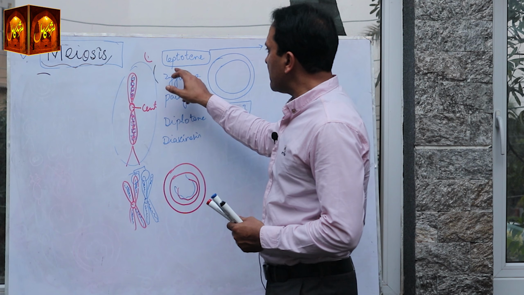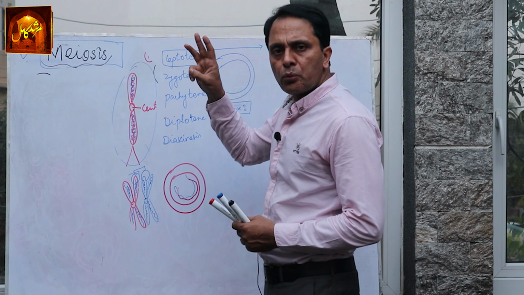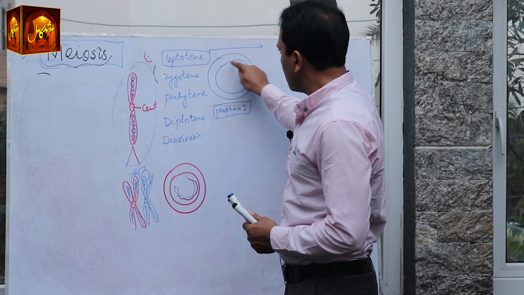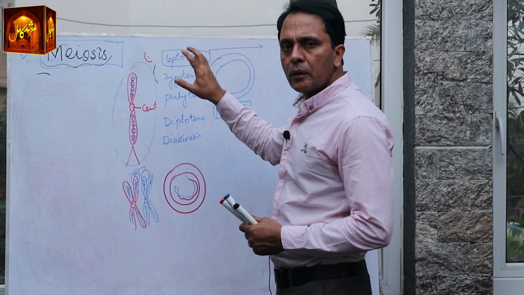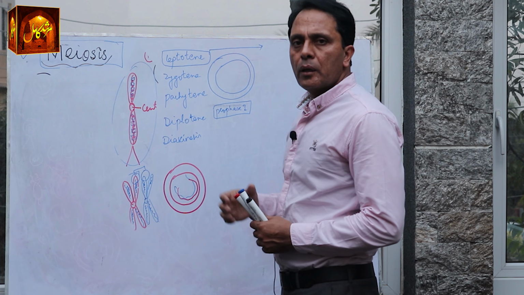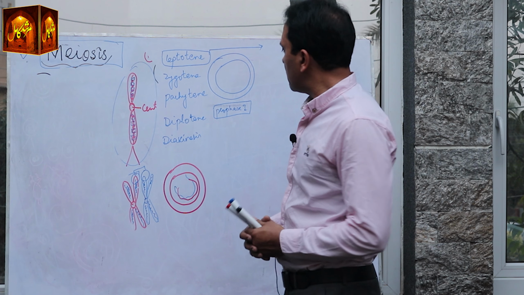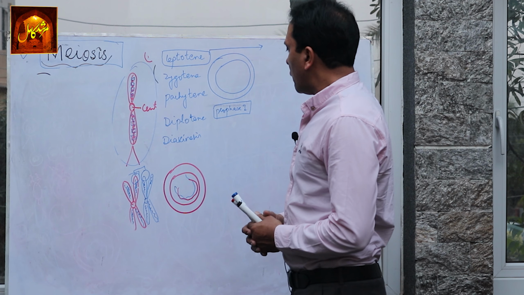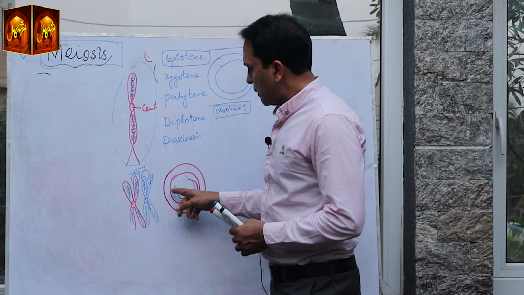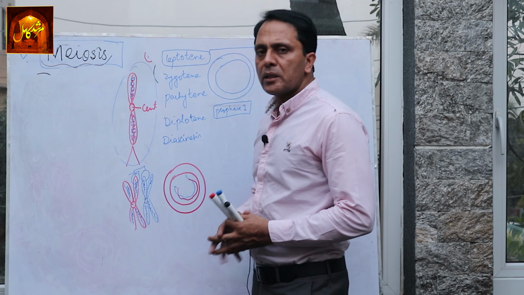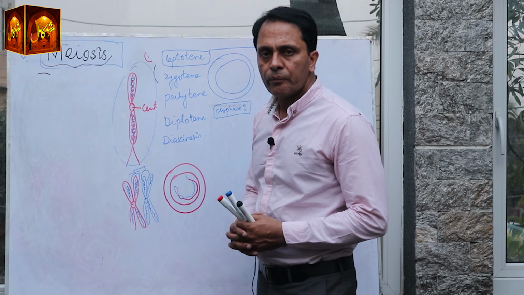So what happens in leptotene? We discussed three changes. Number one, the nuclear membrane becomes thick and prominent, and grows. Second, the chromatin material becomes prominent.